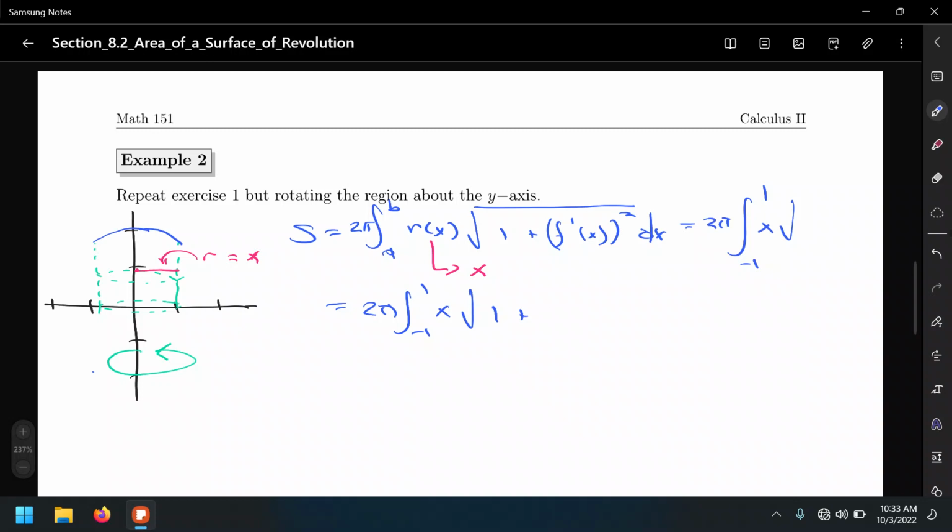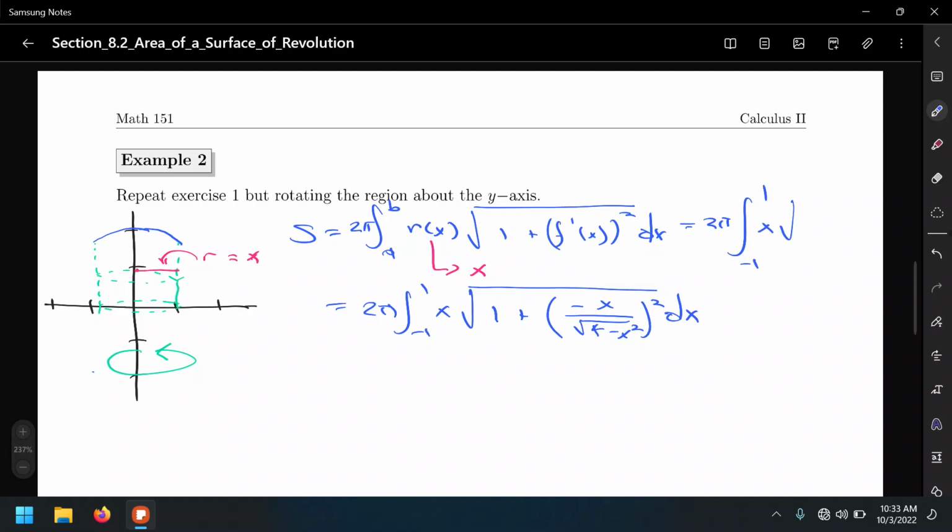But I'm not going to do it again. I'm just going to use the same derivative from the previous example because it's the same. So negative x over the square root of 4 minus x squared, quantity squared, with respect to x.